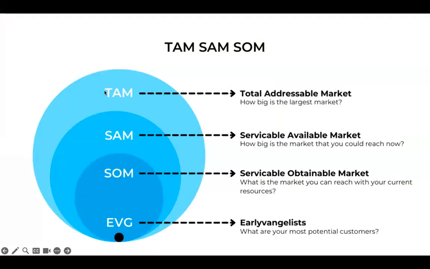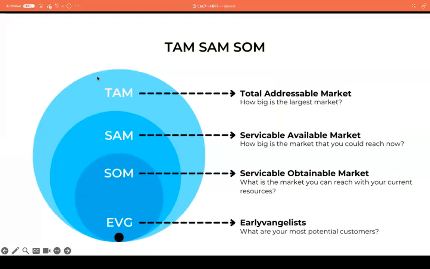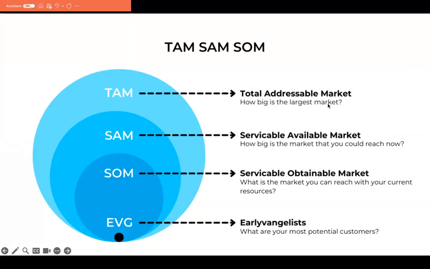So if this is the TAM, this is the total addressable market. So we ask the question, how big is the largest market? Again, this refers to the total market demand or total revenue opportunity available for a certain product.